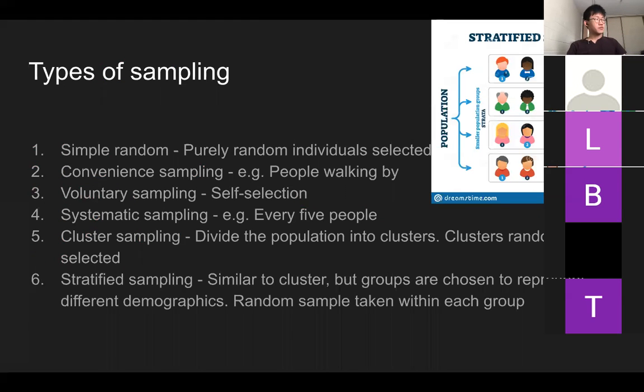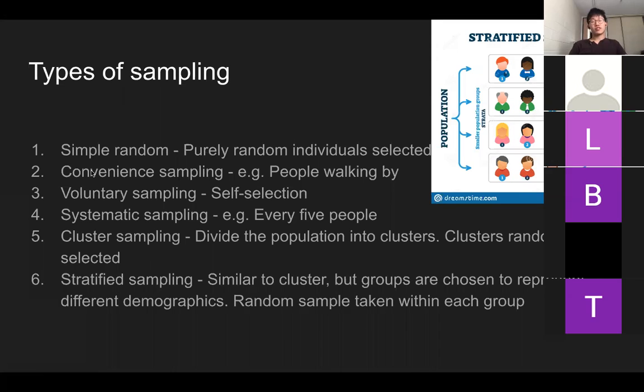Moving on to the different types of sampling. Here we've got multiple different types of sampling. Simple random is your most obvious random type of sampling. It'll be something like rolling a dice and generating random individuals based on that. Convenient sampling is based on what's most convenient.